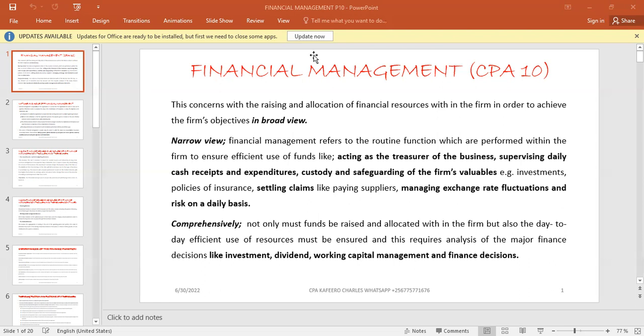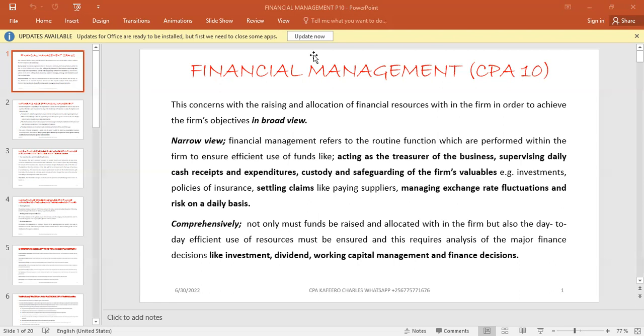And to do that, the financial manager has to make some decisions, and those decisions are done in regards to finance. Some of these major finance decisions, we have the investment decision, that's the capital budgeting decision, we have the dividend decision, we have the working capital management decision, and finance decision. Those ones we are going to see each of them in details.